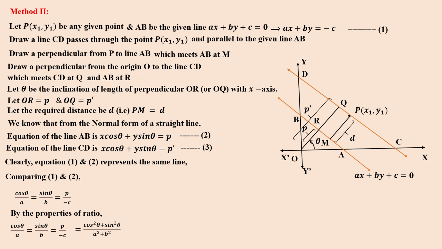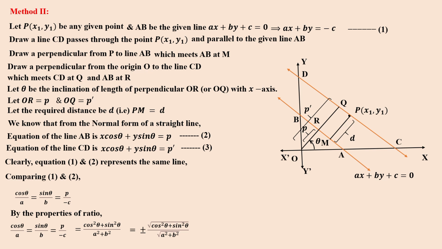So taking the first two ratios, cos square plus sin square divided by A square plus B square, which is equal to, taking square roots on both sides, plus or minus root of cos square theta plus sin square theta by square root of A square plus B square. So this is also a property: if you take a square root or square or cube, whatever it is, all the proportions remain equal.